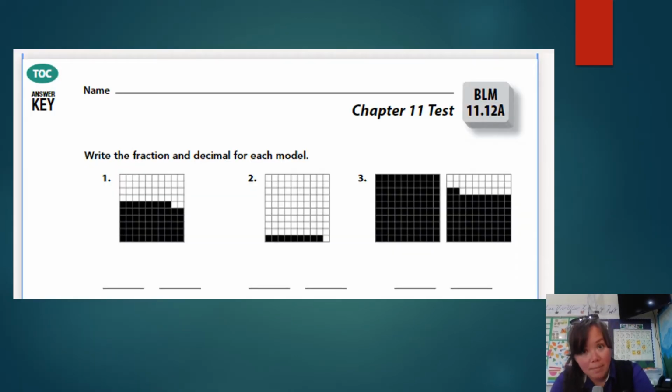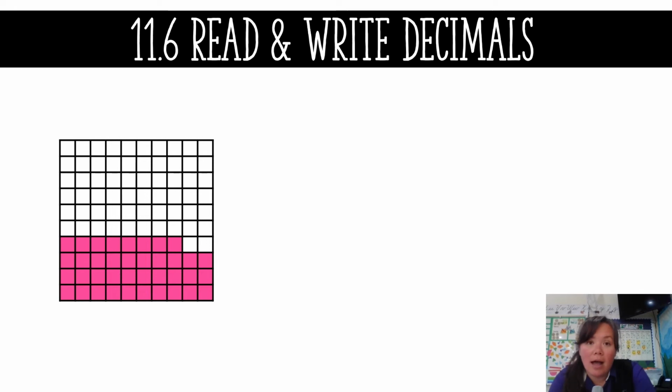So on the top of your test, you're going to be looking at the model and then writing the fraction and the decimal. You need to write both forms for the model. So let's do some of these in a different example. If you look at this model, it has 38 squares out of 100 filled in.